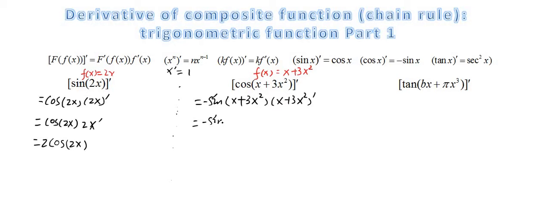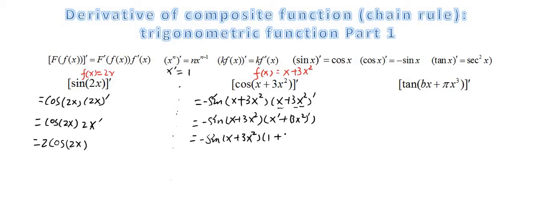And we can simplify it. We copy the first term, and for the second term, the derivative of the sum of two functions is the derivative of each function. We have two functions, so we take the derivative of each one. The derivative of x is 1. For the derivative of 3x squared, we apply the constant multiple rule.